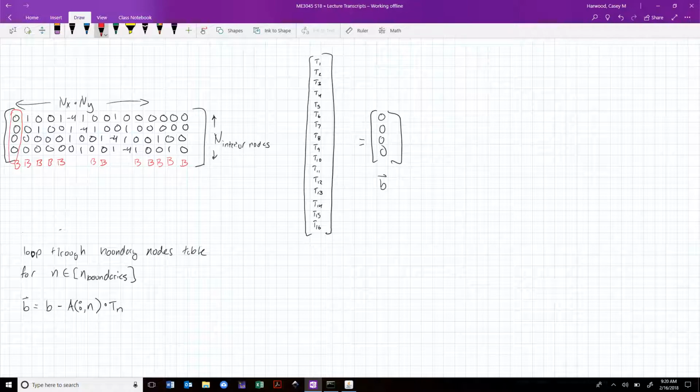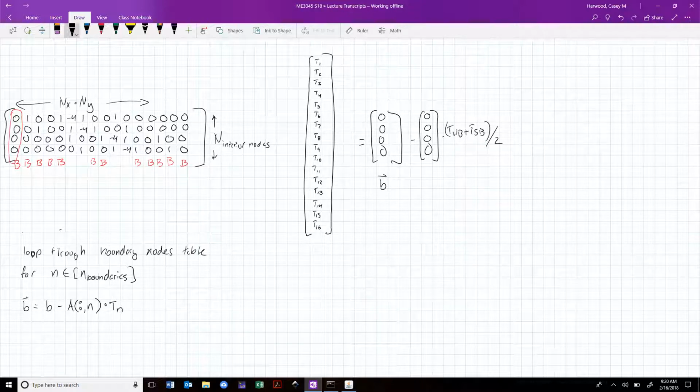It's going to be the average of the T south boundary and the T west boundary. So over on B, you're going to have B minus 0, 0, 0, 0 times T west boundary plus T south boundary over 2.